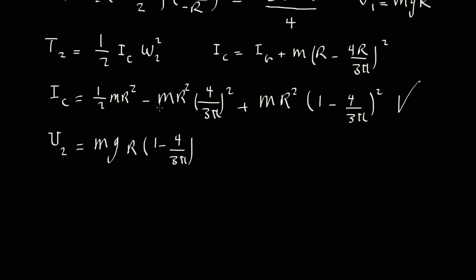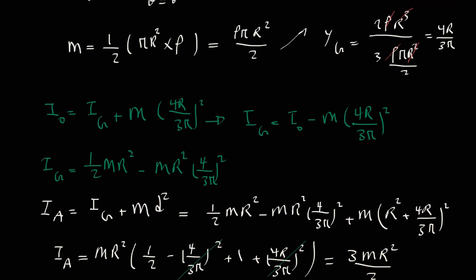So now we have everything. Now we have U1, T1, U2, and T2, and we should be able to find ω2 squared, because the only thing that is unknown in these equations is just ω2. So if we write down T1 plus U1 is equal to T2 plus U2. Remember, all of these values, T1 and U1, they're going to be numbers.